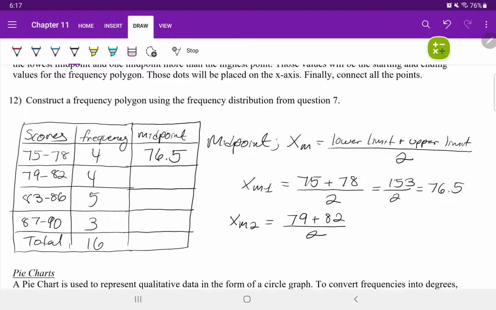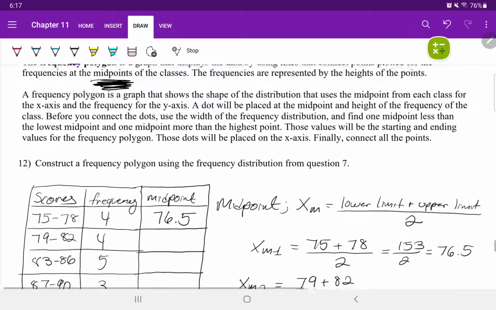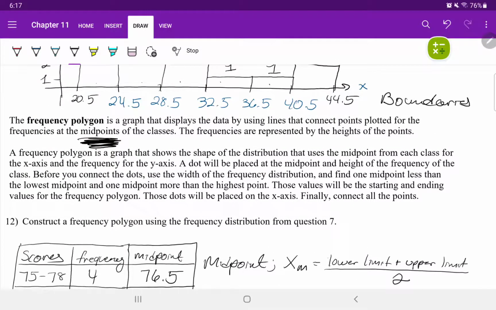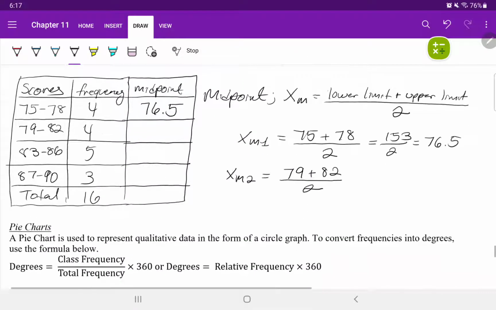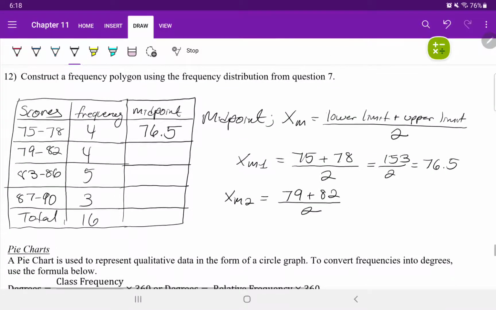And the reason why we're finding the midpoint is to create the frequency polygon, which says that you need to find the midpoint. That is going to be 161. 161 divided by 2 is 80.5.